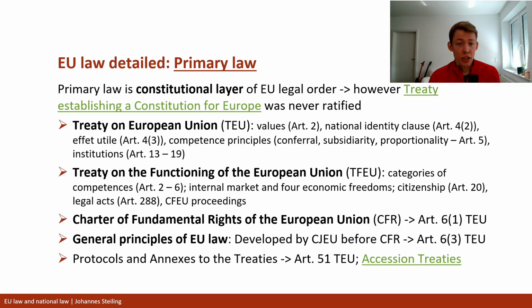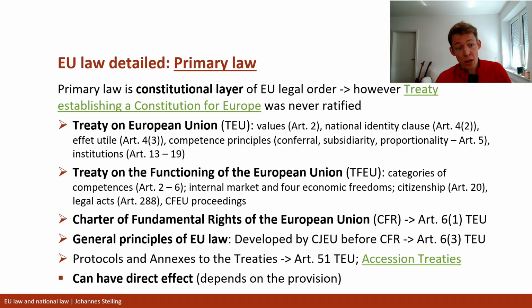Now, this will get into more. So I will just show you this for now. Provisions of primary law can have direct effect. So we'll talk about what that means, but not all provisions of primary law have a direct effect in cases before national courts and administrations.